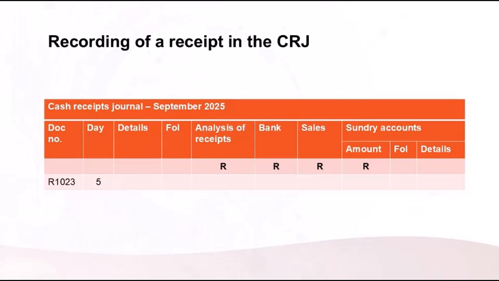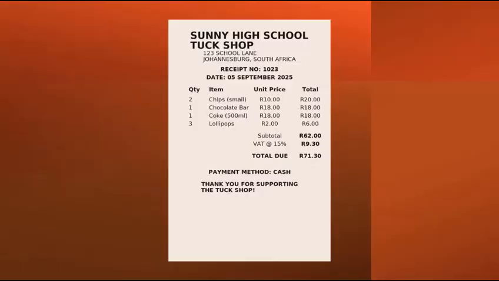Our next column that we need to complete is the details column. So let's go back and see if that is recorded on our receipt. We mentioned earlier that in the details column, we either need to record who our customer was, so who we received the money from, or what it was for.